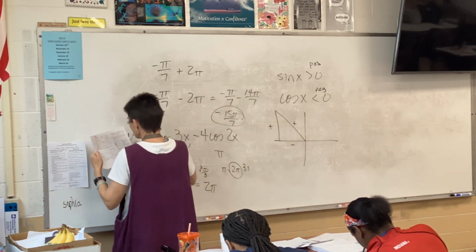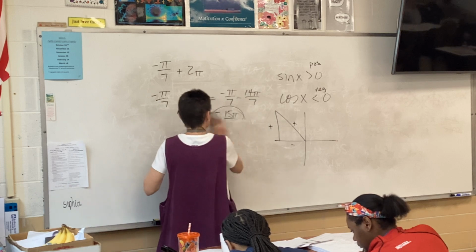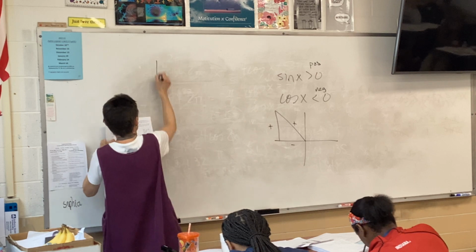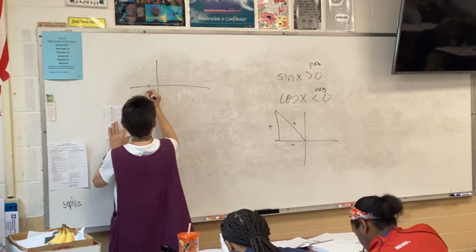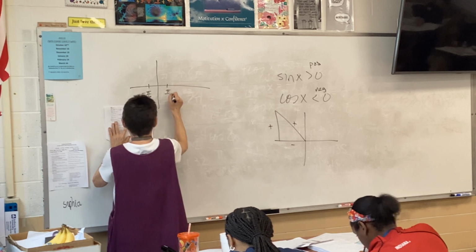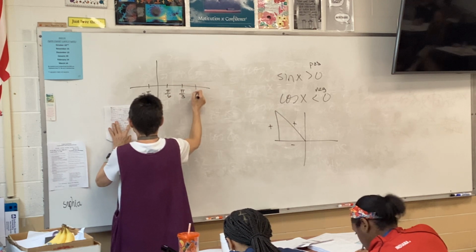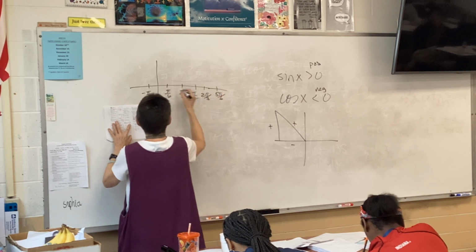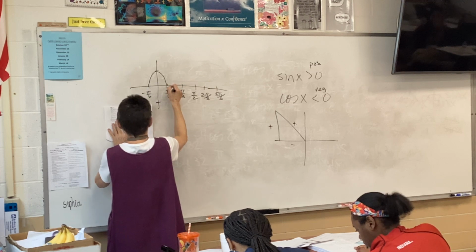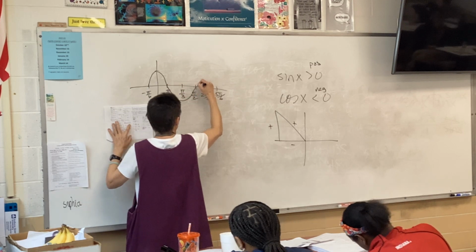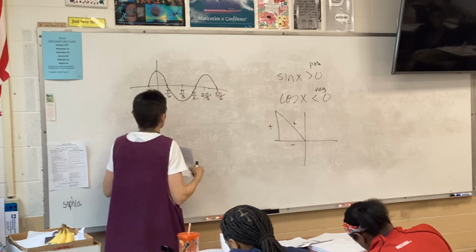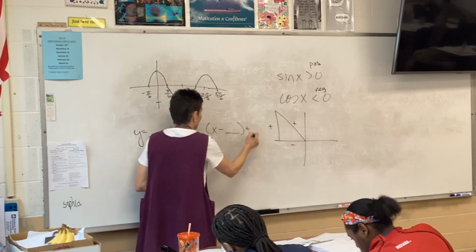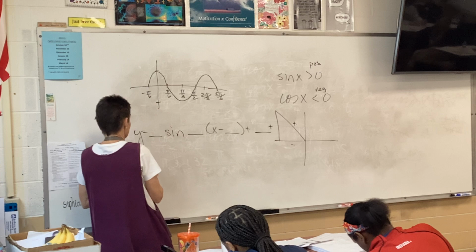Number 10. Write the equation of a sine and cosine function. So you've been given the picture, and you are going to write the equation of a sine curve and a cosine curve.